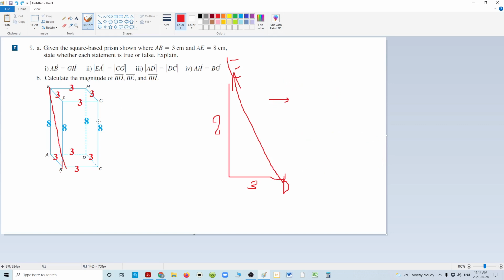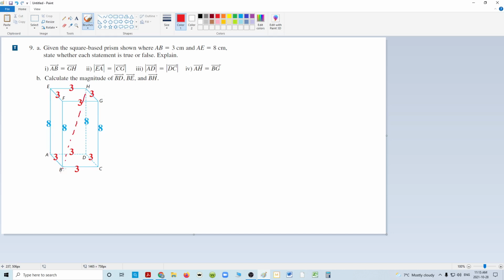And finally BH. So BH is here. Oh, here's an interesting one. So how do you calculate this? This is the bottom left corner, this is the top right corner. How do I calculate that? Well, let's look instead at going to BD. We already calculated BD. It was 3 times the square root of 2.